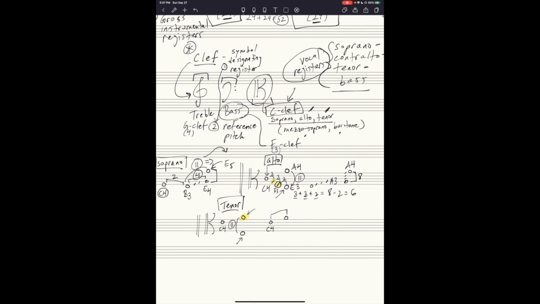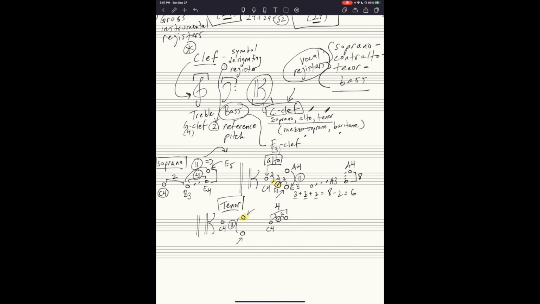Again, I'm really hoping that you're seeing this as what I had talked about earlier, which is a skip plus a step. Do you remember that that is automatically a 4th, right? 3 plus 2, 5, minus the overlap right there, that's minus 1, so it's a 4th.